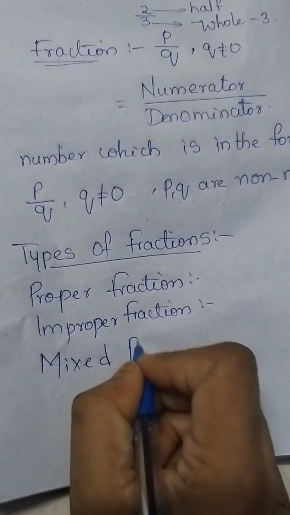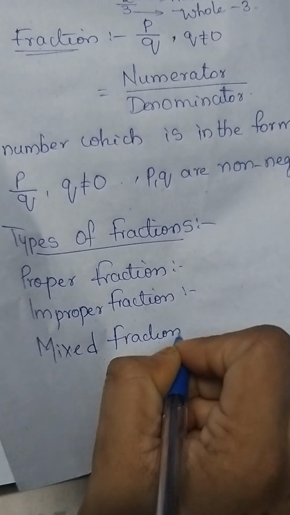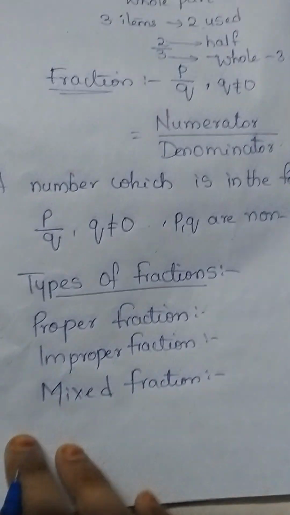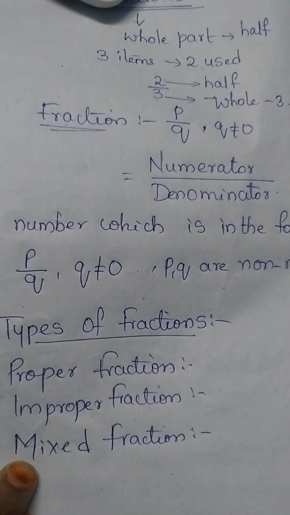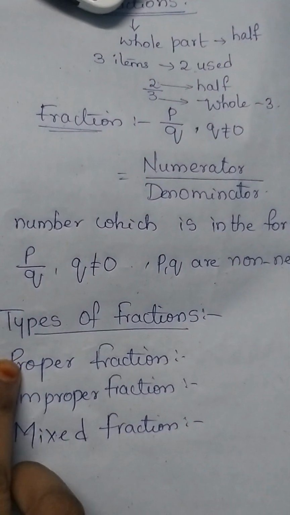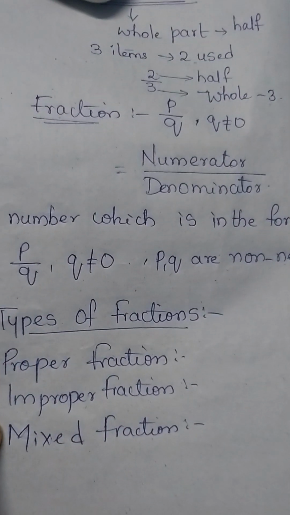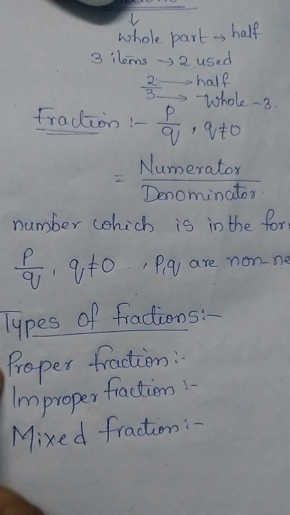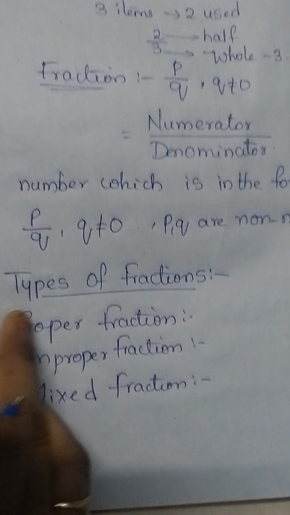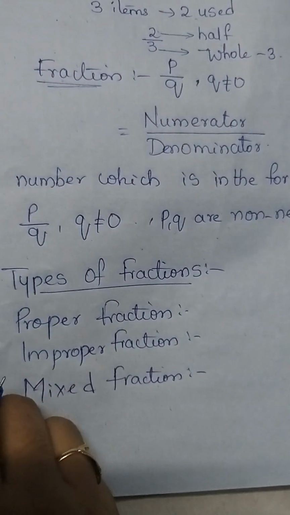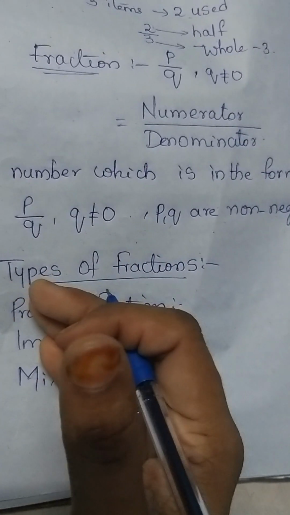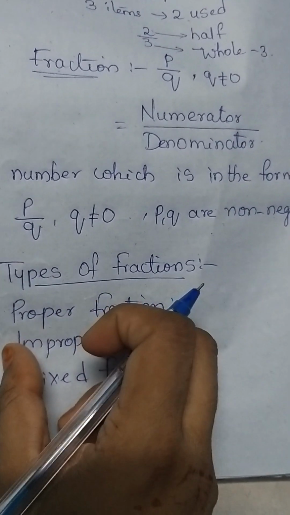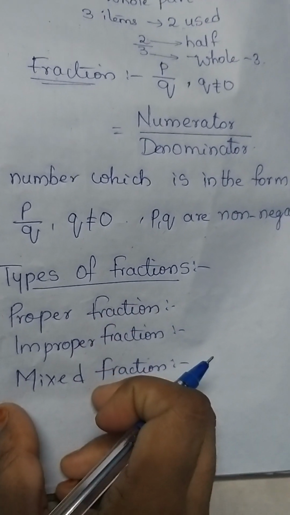Mainly these fractions we have to see in future examples. Okay children, what are proper, improper and mixed fractions? If you know this perfectly, you can easily do the problems. Based on this you have many problems. So you have to be perfect in understanding what is proper, what is improper, and what is a mixed fraction.